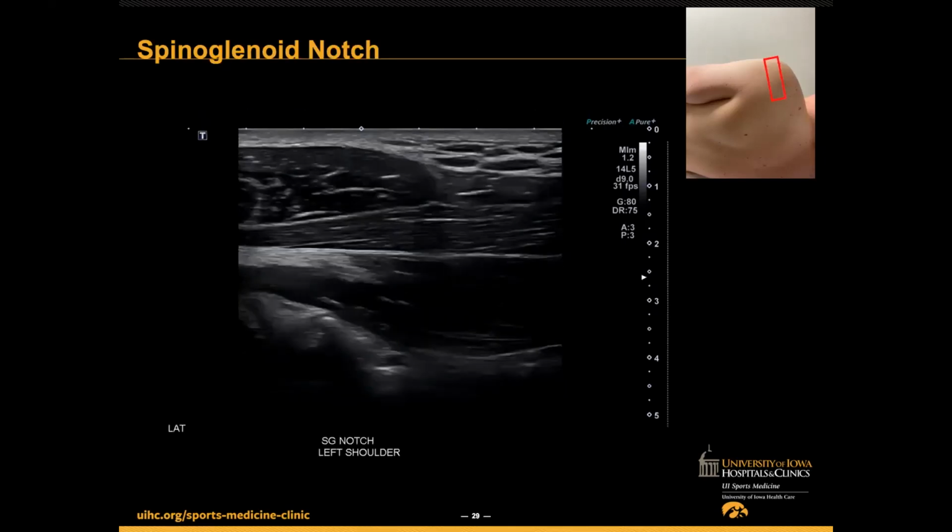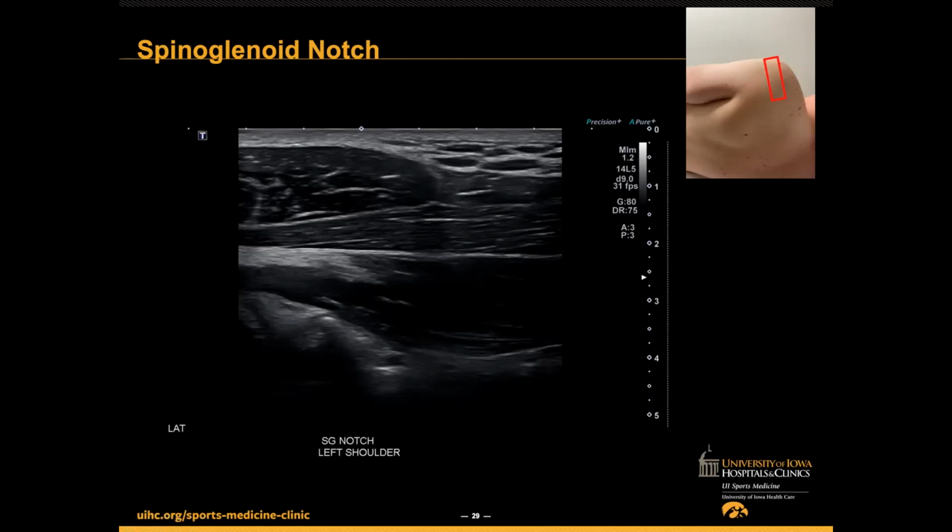And then the next structure I like to look at is the spinoglenoid notch. I do both the spinoglenoid and suprascapular at the same time. So from the posterior GHJ, I come a little more medial, just past the glenoid, and then rotate the medial portion of the transducer to get the spinoglenoid notch into better view. Looking for any evidence of paralabral cyst or mass.